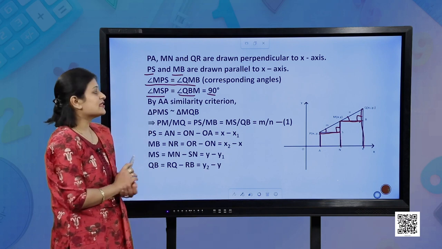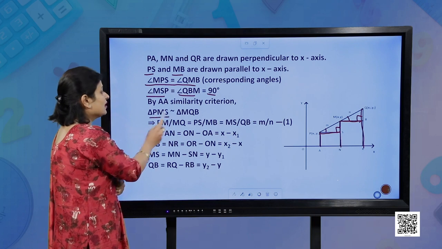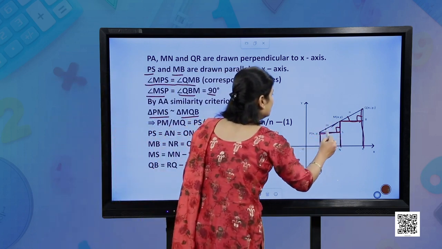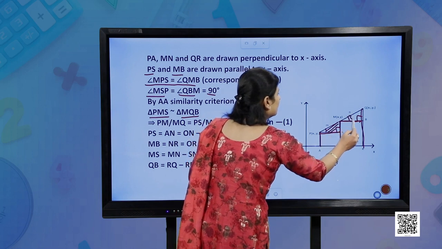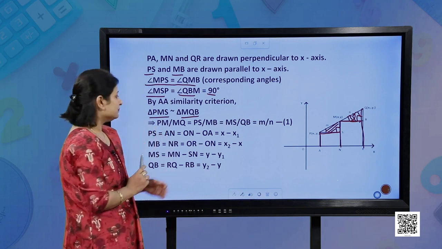So by AA similarity, triangle PMS and triangle MQB are similar.